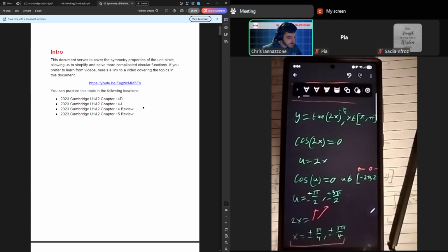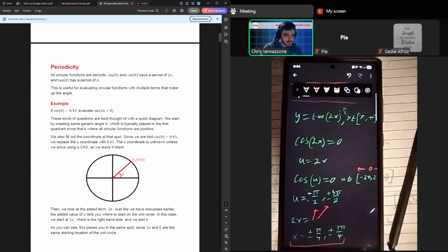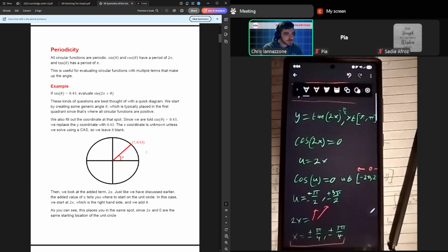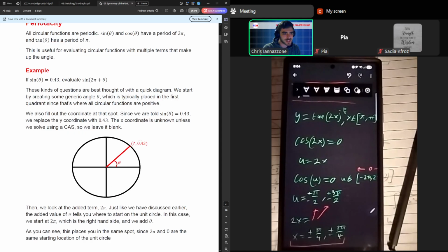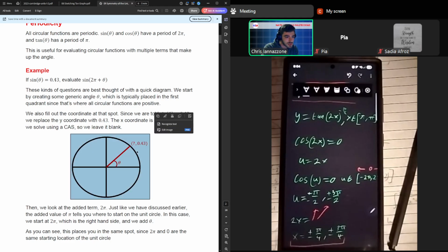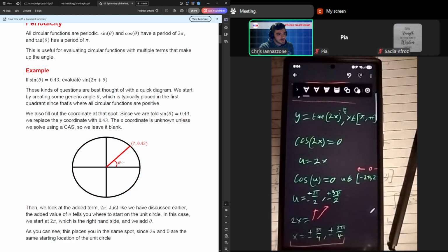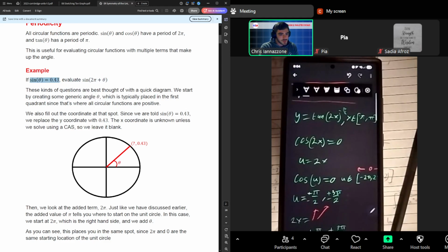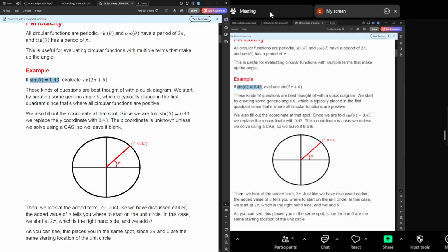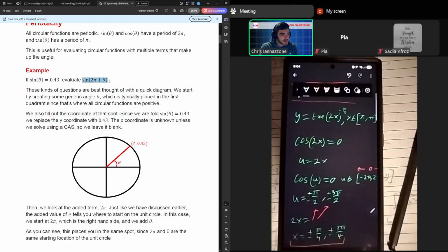Okay, so this will cover a lot of individual things, but there's an overarching theory that you apply to all of them, or at least the vast majority of them. The whole idea is that you start with this so-called reference angle. You'll know when to use this by the information provided in the question. You'll see a specific value for sine, cos, or tan, and you'll be told to evaluate a related sine, cos, or tan.